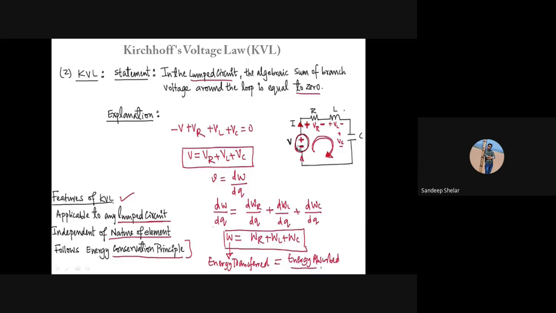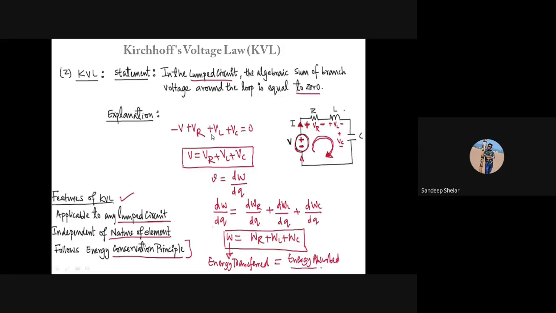A negative sign is taken for minus V, because the current direction shown is clockwise. Then the voltage sign of VR is positive, the voltage sign of VL is positive, and the voltage across the capacitor VC is positive.